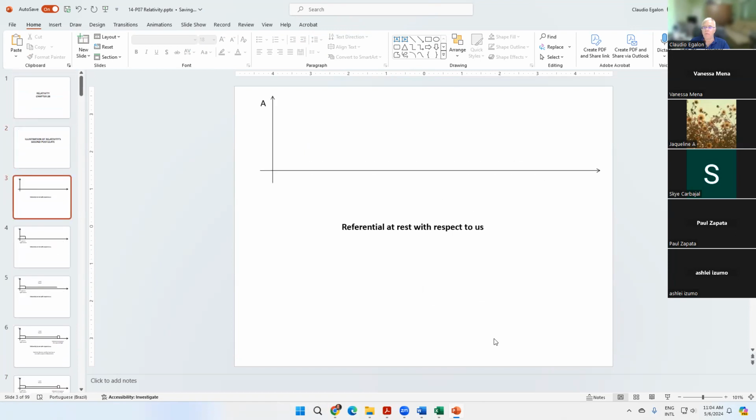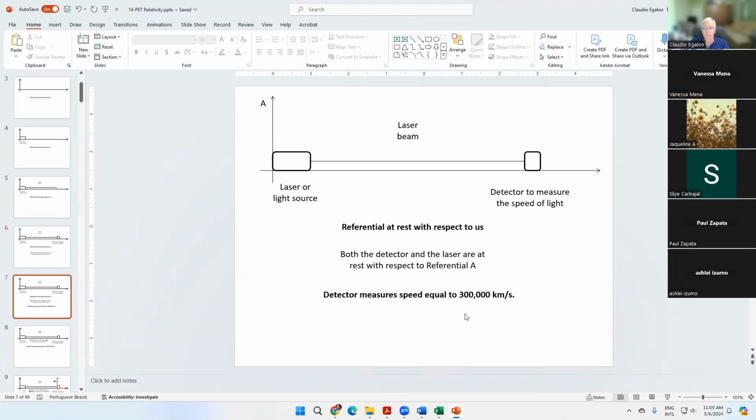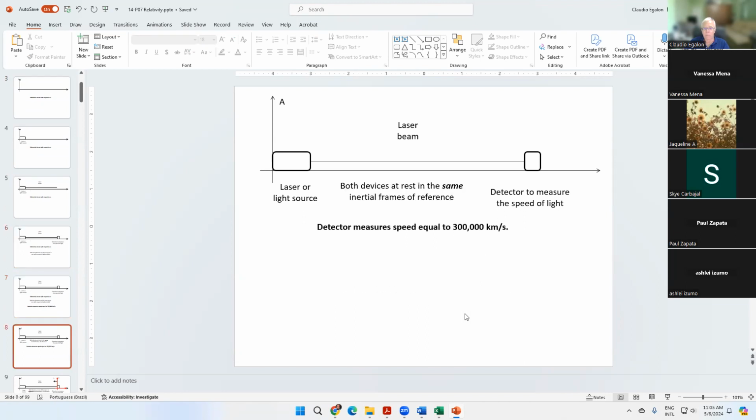So here, referential A, laser or light source, laser beam, and then we come up with a device, a contraption, that's capable of measuring the speed of this beam. Both the detector and the laser are at rest with respect to referential A. The detector measures a speed equal to 300,000 kilometers per second. Well, that's simple enough, right?